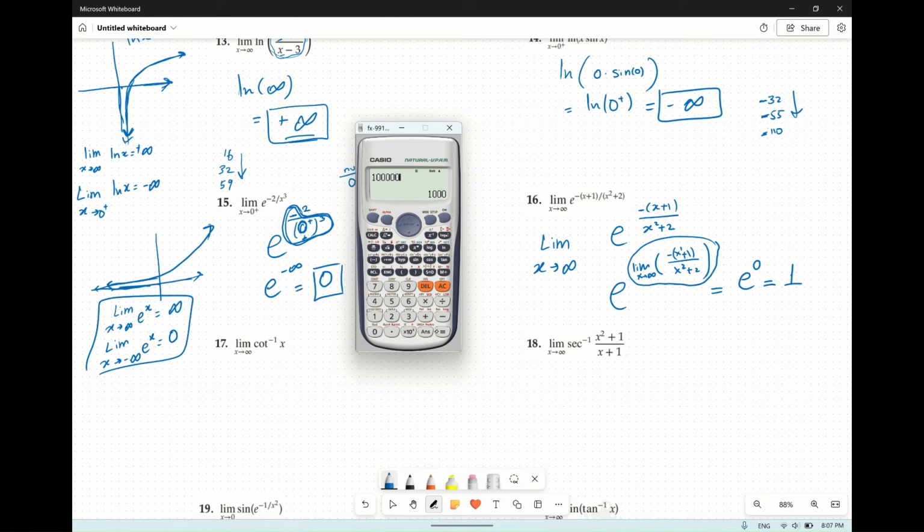Maybe it will not give me an error. So 0.99999. So this is almost 1. Let me add more zeros. So here, how many zeros did I put? 1, 2, 3, 4, 5. Let me add more. So look, 0.9999999. So this is approximately 1. The more zeros you add, the more accurate it is. So here, now it is exactly 1.